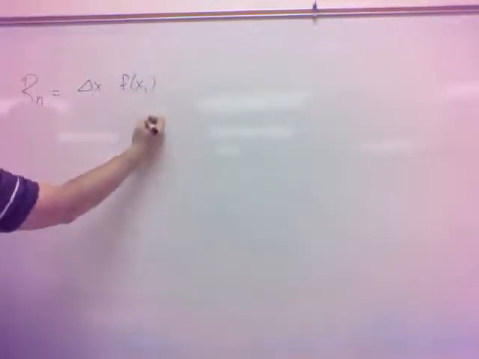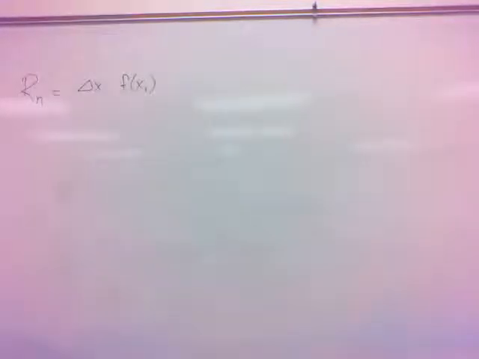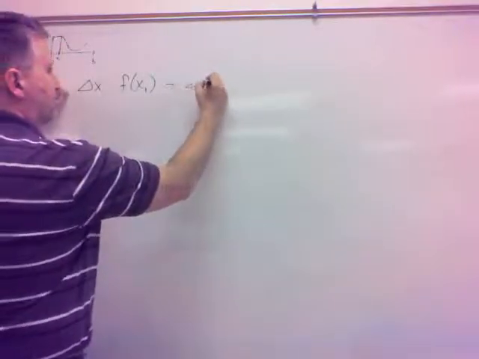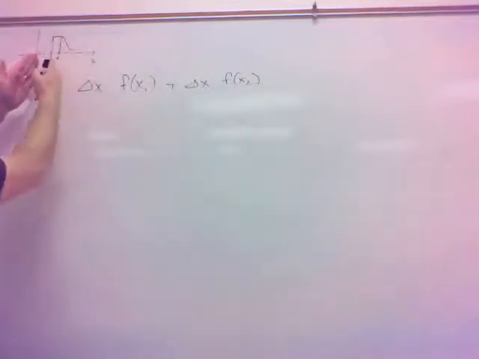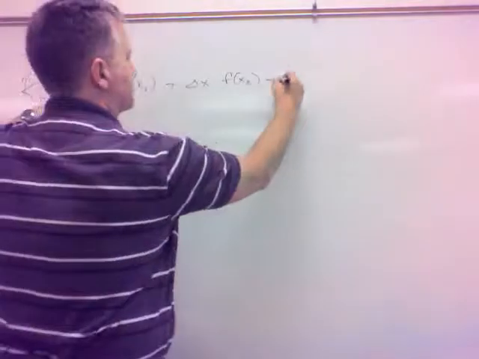Well, it's f of x1, whatever the first right-hand endpoint is. If I've got this curve here, here's A to B. The first one is there, x1. That's my first right endpoint. And then the second one would be f of x2, so it would be delta x times f of x2, because the delta x stays consistent there.